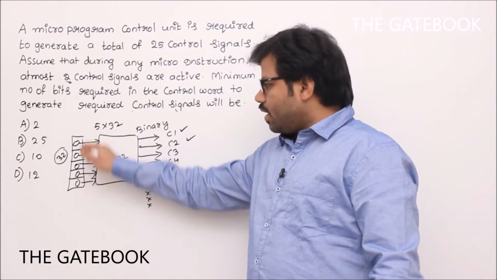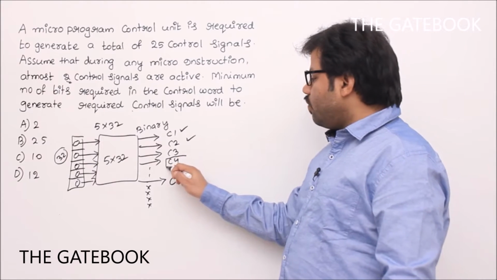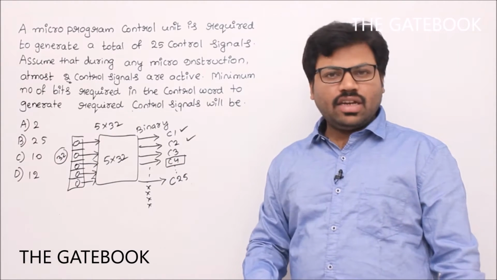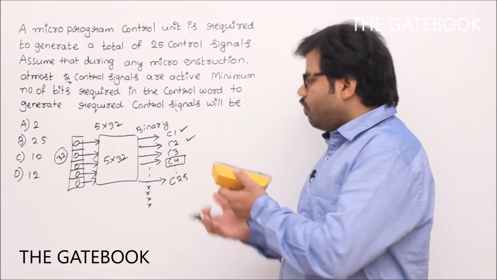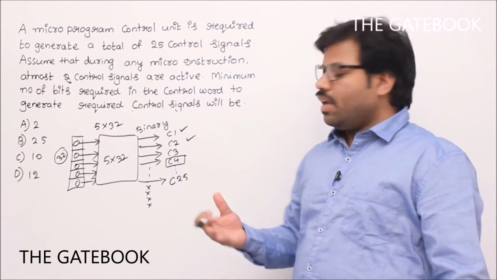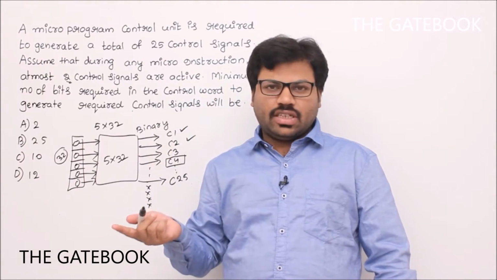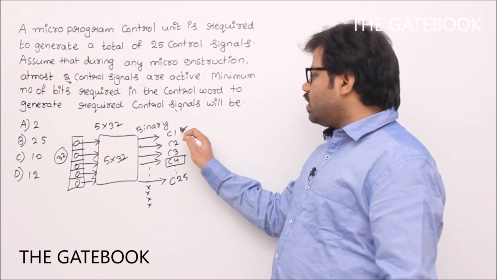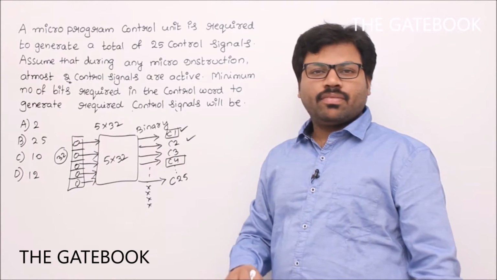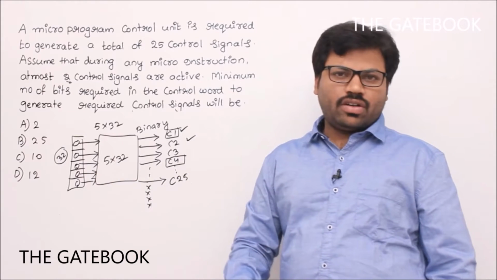Based on each and every pattern, one of the output lines will be active, all others inactive. If you have this kind of decoder and circuit, how can we use it? We can use it for generating exactly one of the 25 signals, correct? Example, you want to only generate the C1 signal. Then simply represent 00000 in the control word.